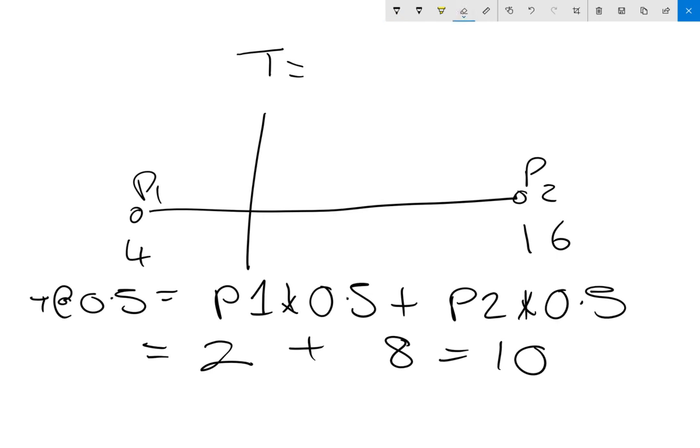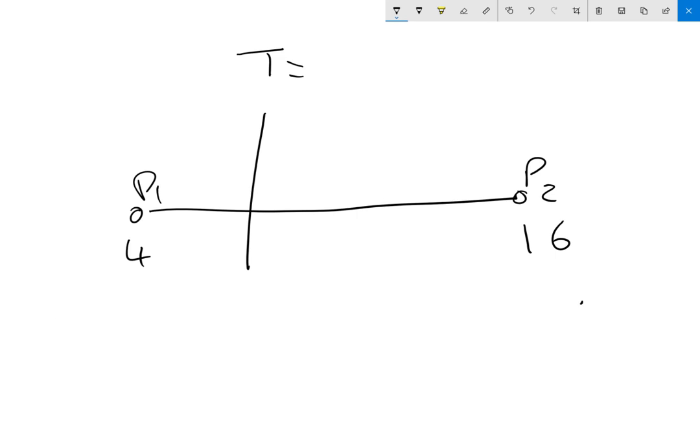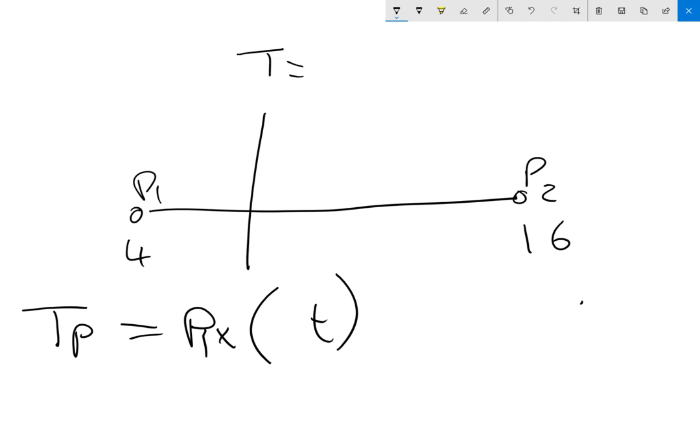So we now have some idea. But the thing is that we've got to express these values not as actual numbers, but as parts of t. So let's do it as parts of t. TP is equal to P1 times a function of t, and in this case, the function is 1 minus t.